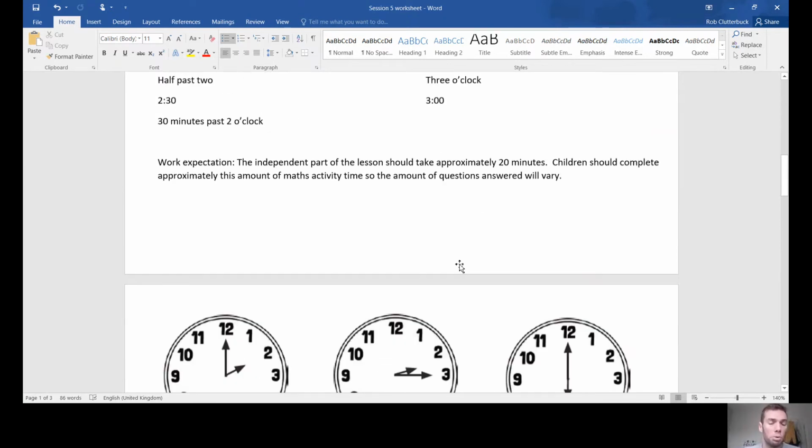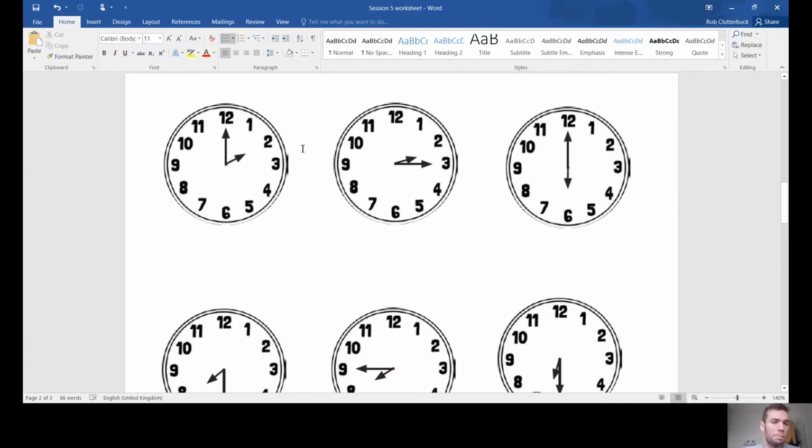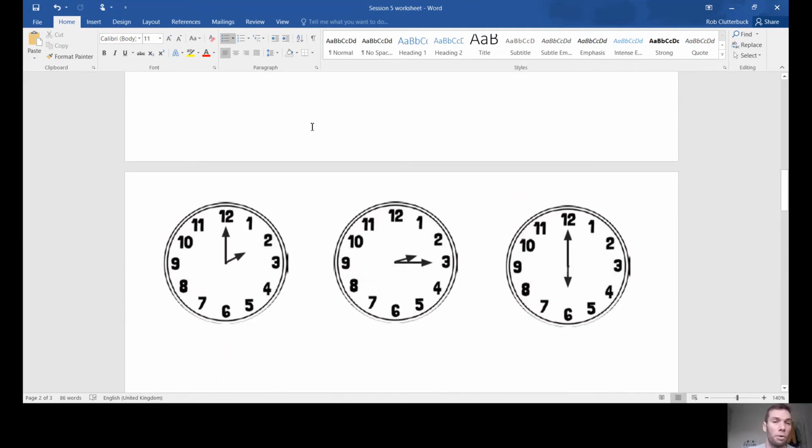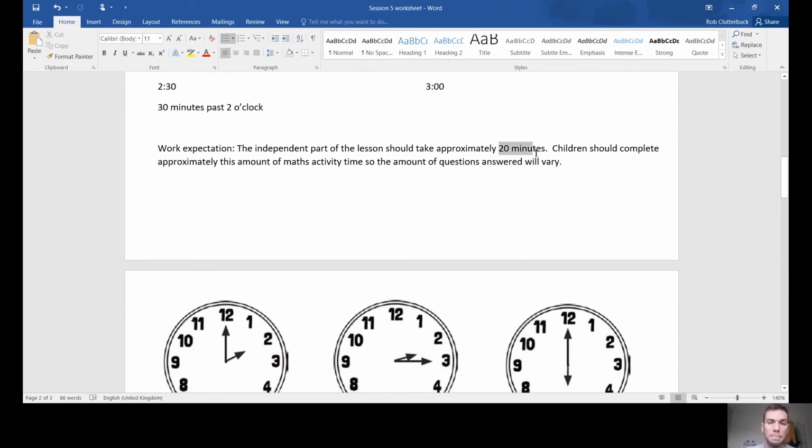So some of you will complete lots of these clocks, telling me what is half an hour later and what is 1 hour later. Some of you will complete not so many, and that is absolutely fine. You need to work at the right level for you, and you need to know when is a good time to stop, when is it a good time to carry on. So we suggest about 20 minutes of independent time.